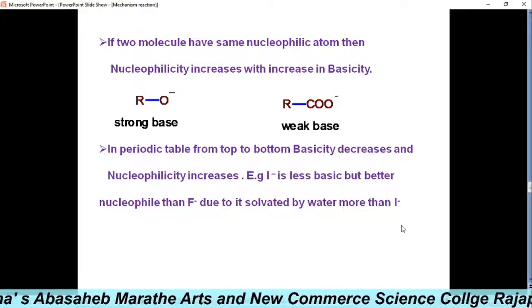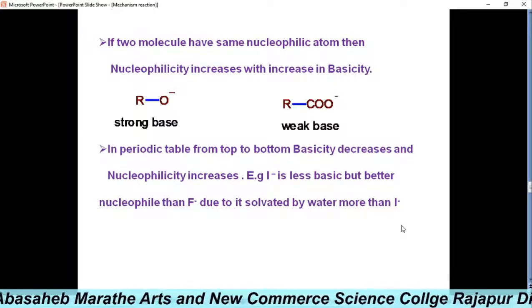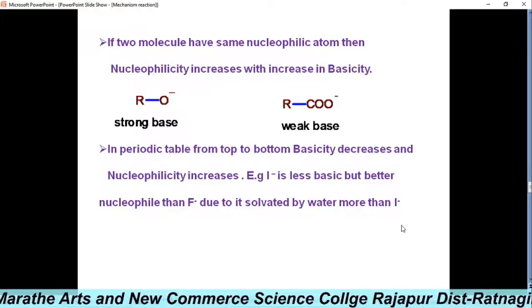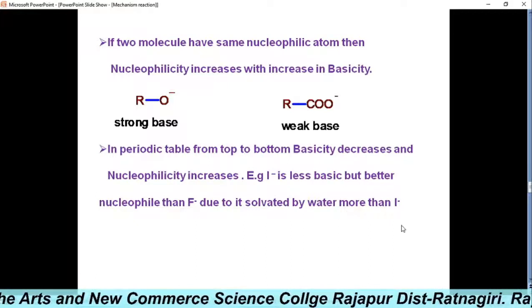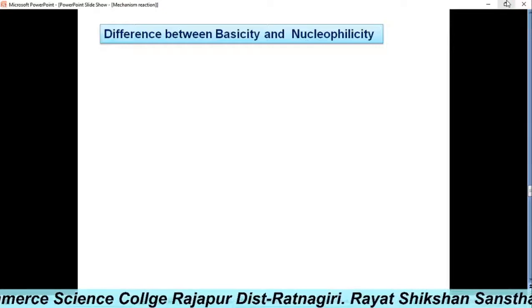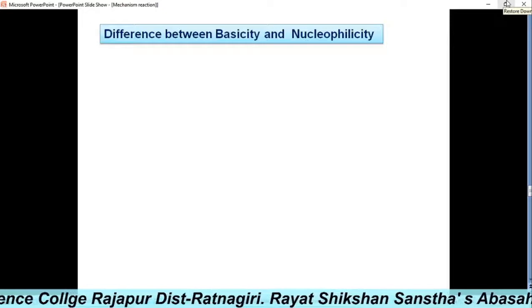Hence, fluoride is a weaker nucleophile than iodide. The same reason applies to OH minus, which is more basic but less nucleophilic than SH minus.